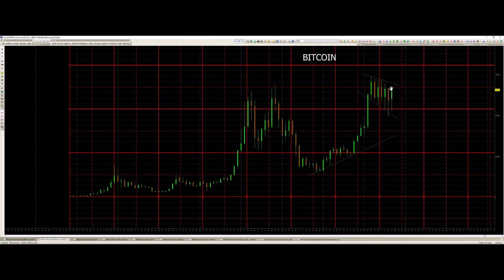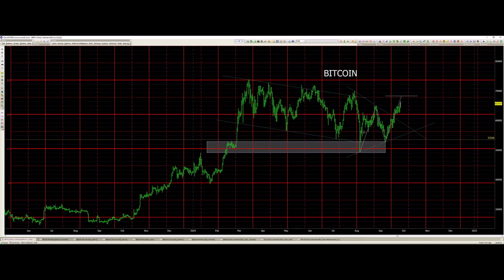And then this big tail we had last month is probably a much better low if we do reverse here. But we'll see how it looks. Overall, I think it looks bullish. We have to watch those levels on the daily, which is the full square here, around 62,000. As long as we hold above that, we're good. And then the next area of interest is going to be 67,850.